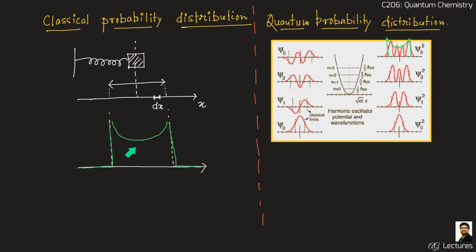Let me give you another example where n is very high, and we'll compare whether the classical picture and quantum picture actually match, which according to Niels Bohr's correspondence principle should be the case: when the quantum number n, which defines the wave function psi n and the corresponding energy En and everything, is very high, this entire quantum world starts mimicking the classical world, and it should.